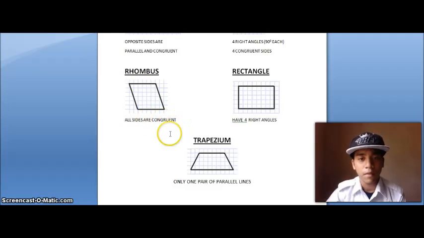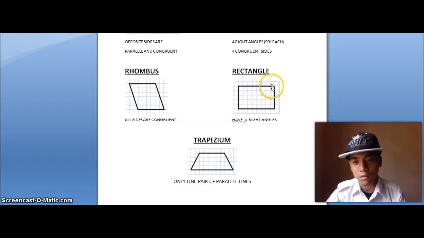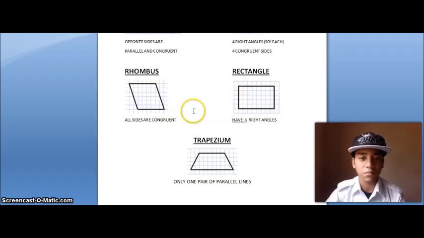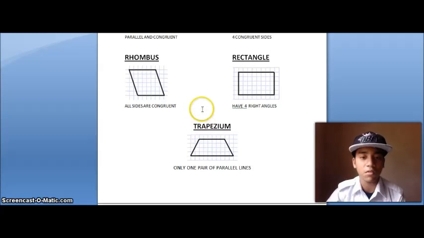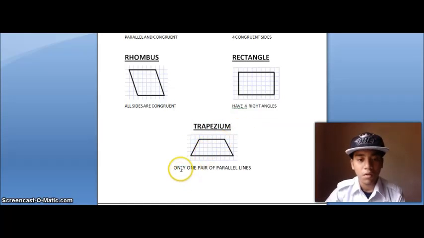Next, we move to the rectangle. We can see it has length and width. This is width, this is length. The opposite sides have the same length. It has 4 right angles also, like a square, which means here 90 degrees, 90 degrees, 90 degrees, and 90 degrees. And last but not least is the trapezium. The trapezium has only one pair of parallel lines, which is here and here.